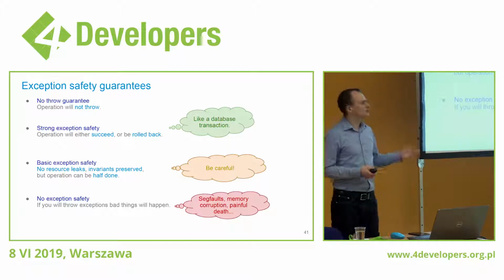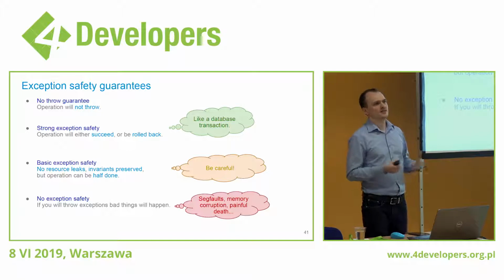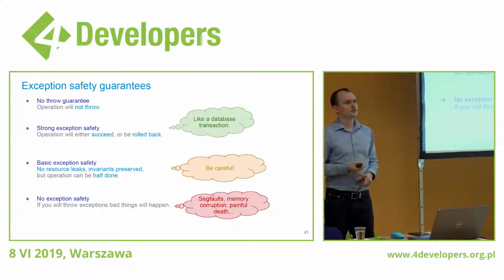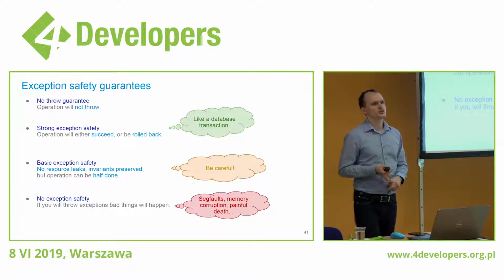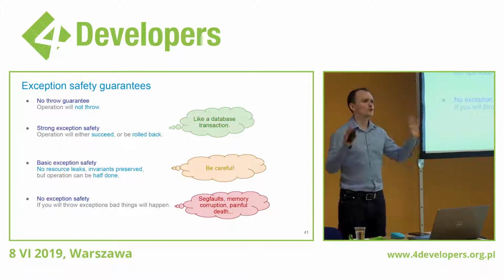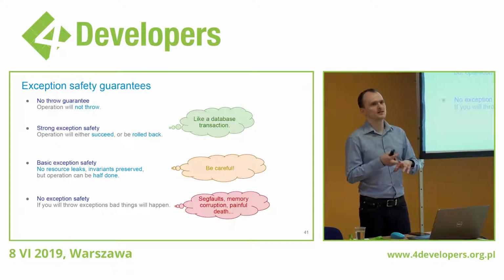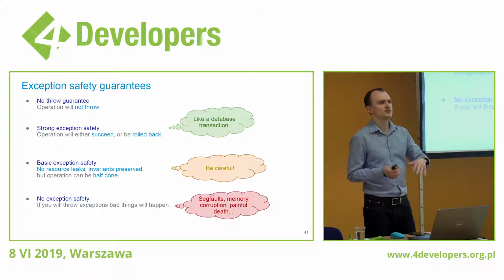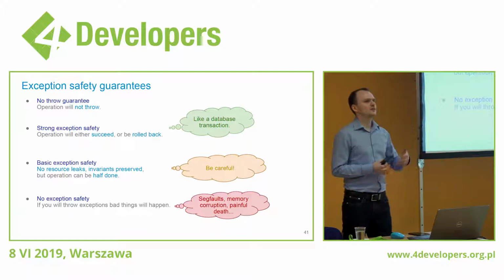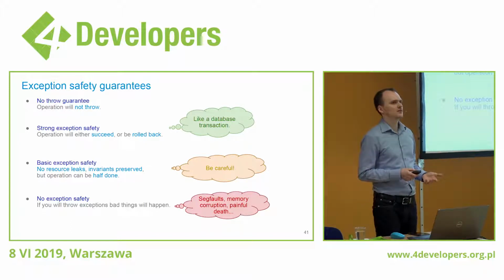So failure safety is really about specifying the invariants in your code and making sure that whenever an error happens, however you report it, you will exactly know what will be the result of your program. And that you make sure that all the invariants are satisfied and your code is not broken.